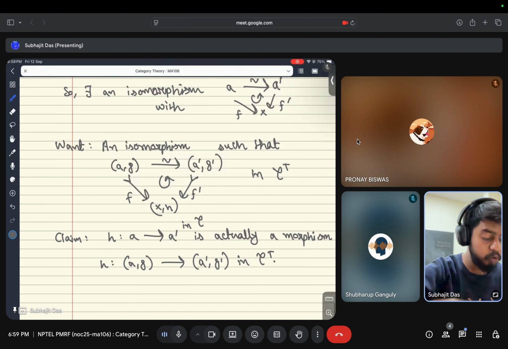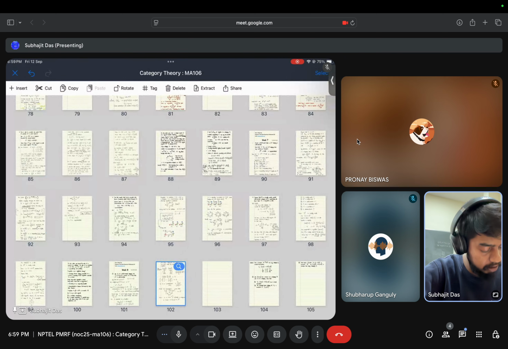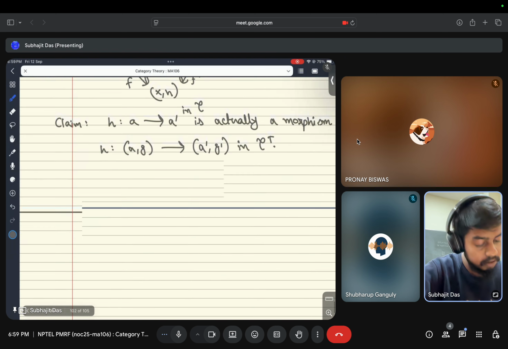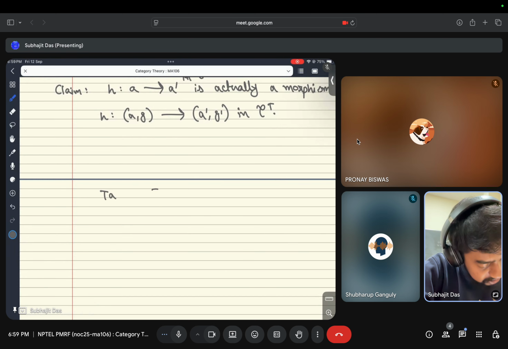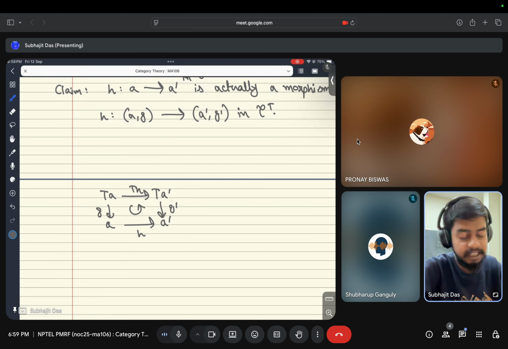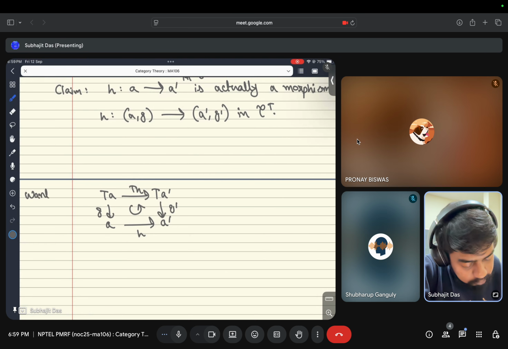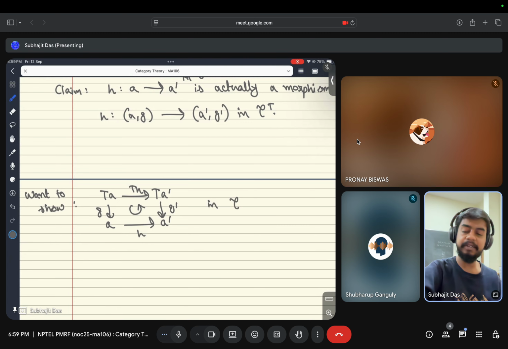So what we need to do for that is show that this diagram commutes: TA prime, A prime, H, TH, G prime. We want to show that this diagram commutes in C. Then we are done, right?